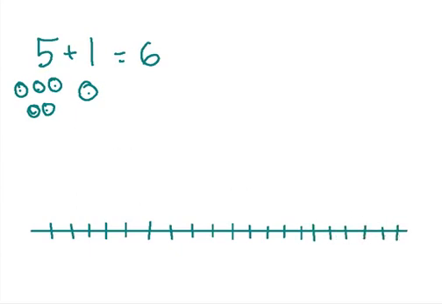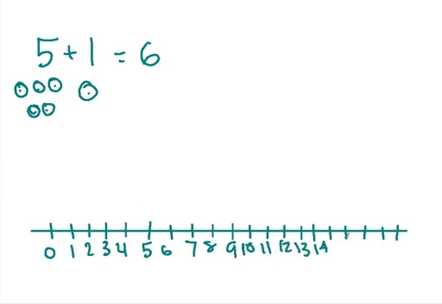Yeah, you get the idea. And then you start from 0 and you just keep counting forward. So 0, 1, 2, 3, 4, 5, 6, 7, 8, 9, 10, 11, 12, 13, 14, and so on and so forth.